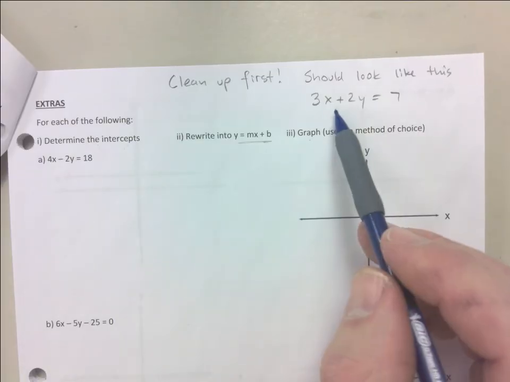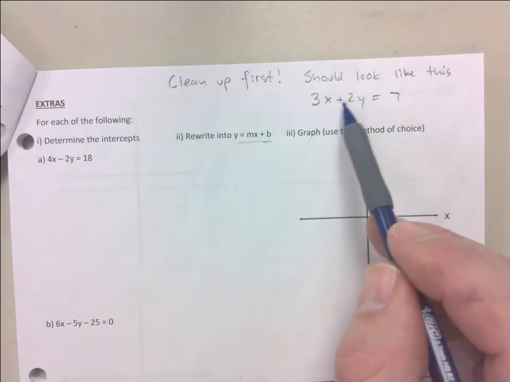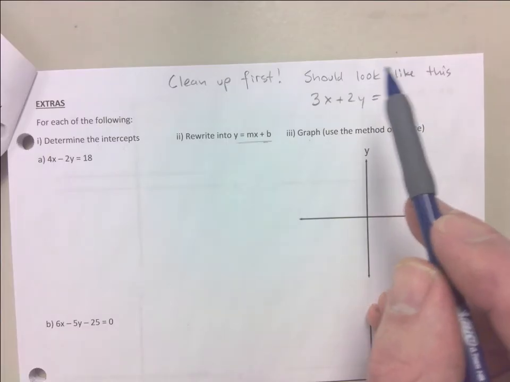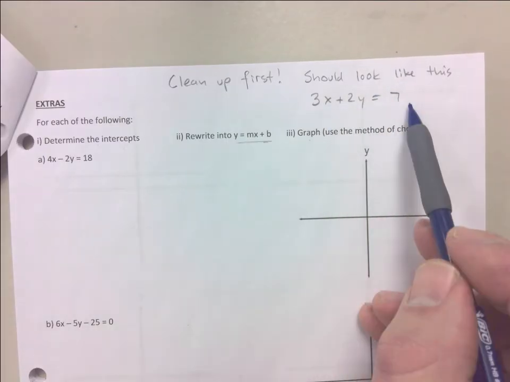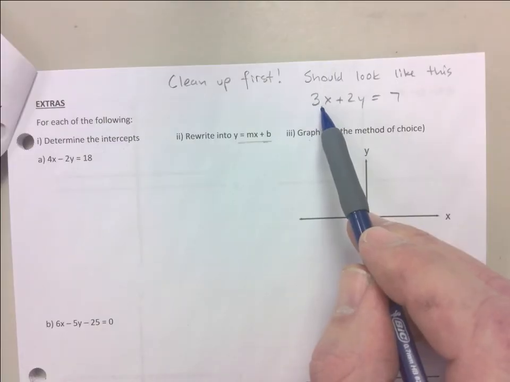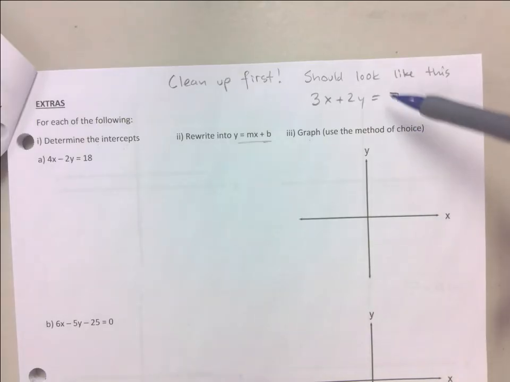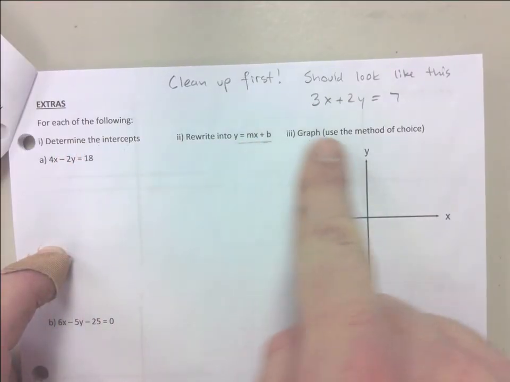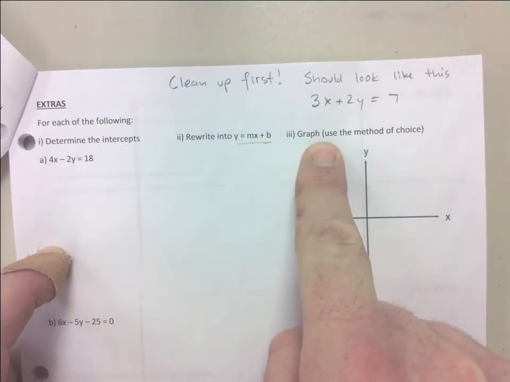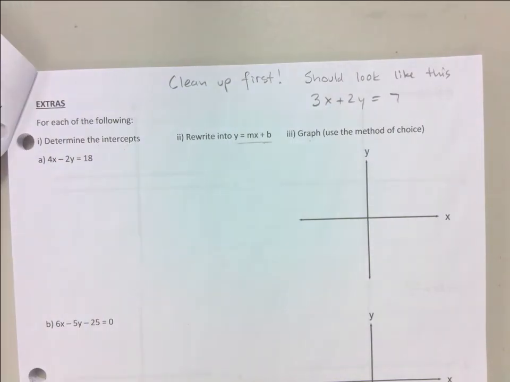If you have constants on the left side, bring it over to the right side. If you've got x's on both sides, make sure all the x's are on the left side, right? So that's what I mean by cleaning it up. If it's already cleaned up, if it looks like this, you're done. You just do these 3 things that I'm asking you for, okay? All right, that's it. Thank you.